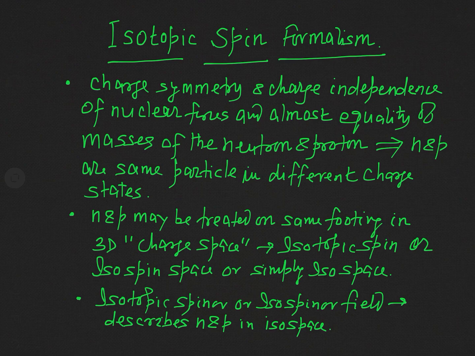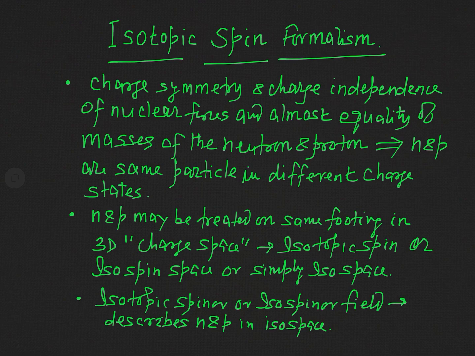So mathematically it is possible to treat neutron and proton on an equal footing, and in fact this is conveniently done by introducing a mathematical three-dimensional space which is called charge space. This three-dimensional charge space, in which we deal with the neutron and proton on the same footing, is known as isotopic spin space or isospin space, or you can simply say isospace.